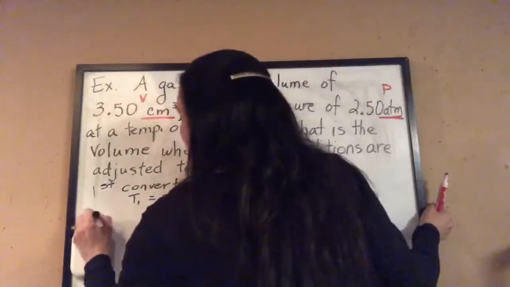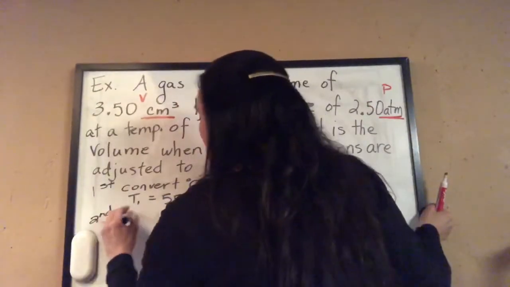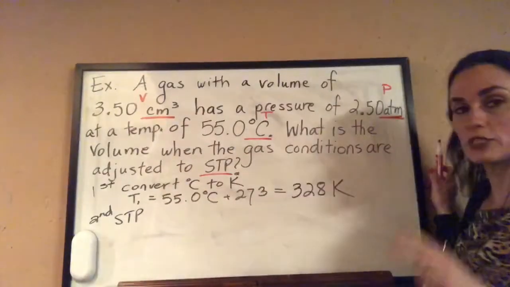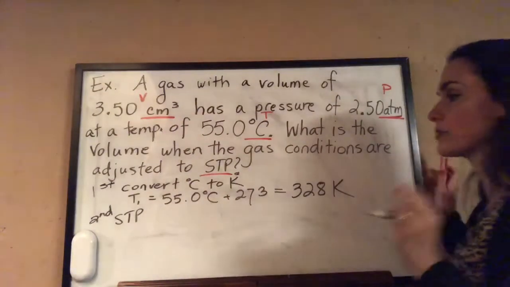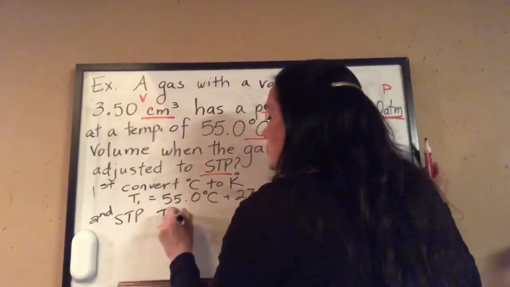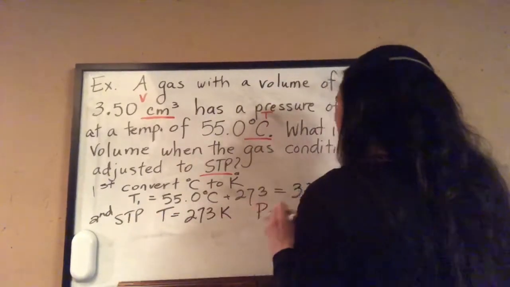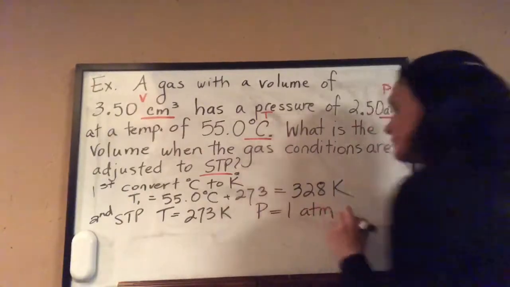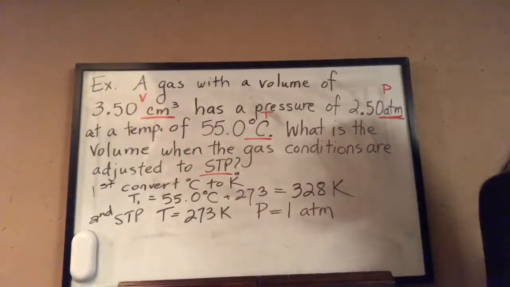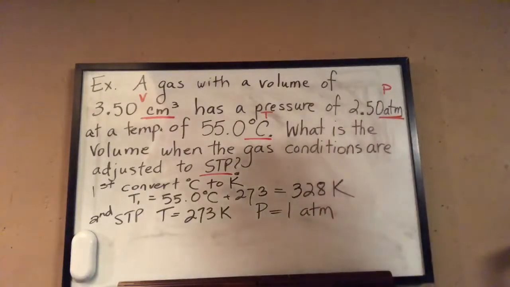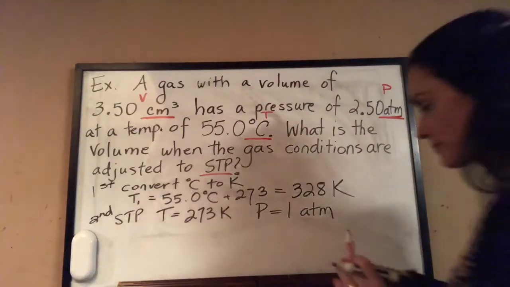Okay, now what we want to do, STP, that's representative of two numbers: a temperature of 273 Kelvin and a pressure of 1 atmosphere. There are two numbers that you're going to plug into your equation when it comes time to set that up, which we are at right now.